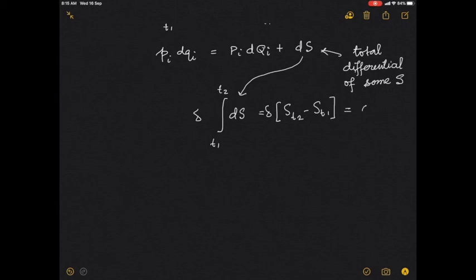And when I consider the variation, at the endpoints we don't have variation of anything. So this is essentially 0.